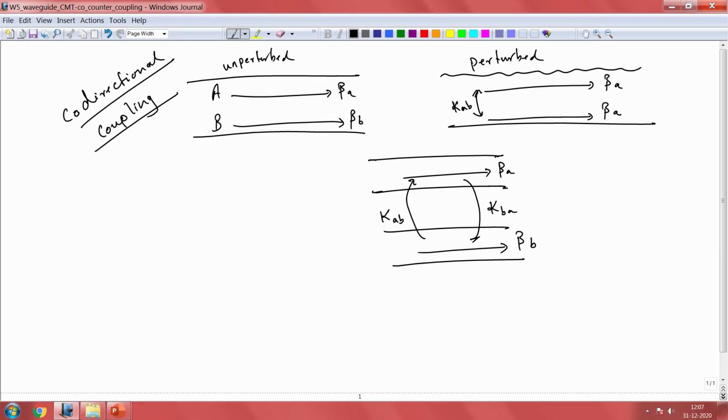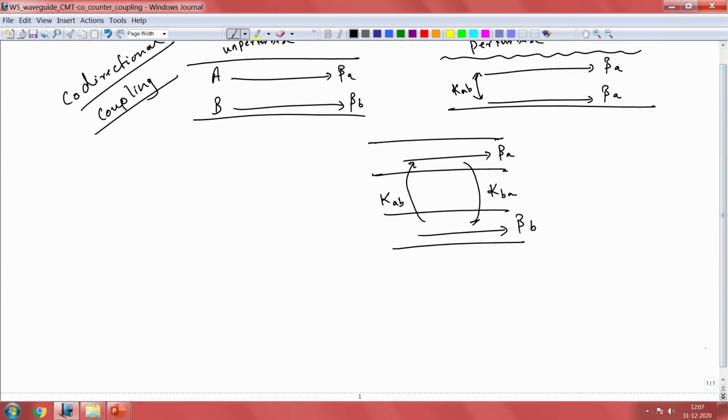Now let us say the waves are moving in the forward direction, and direction here means z, and they are interacting over some length L. L is the length of interaction, right. Here both betas are positive, because they are moving in the forward direction.